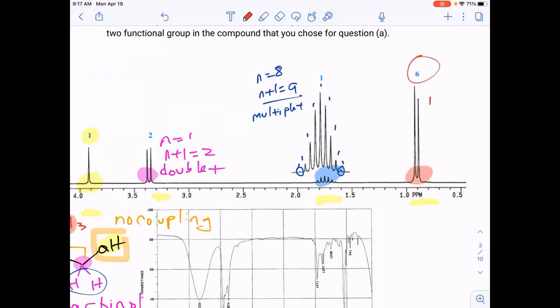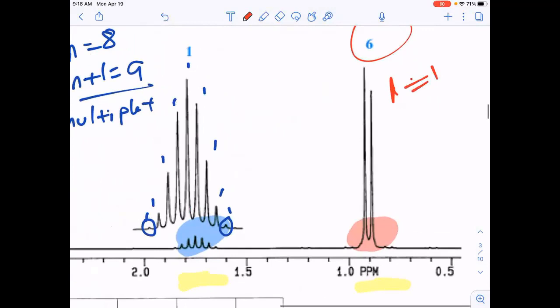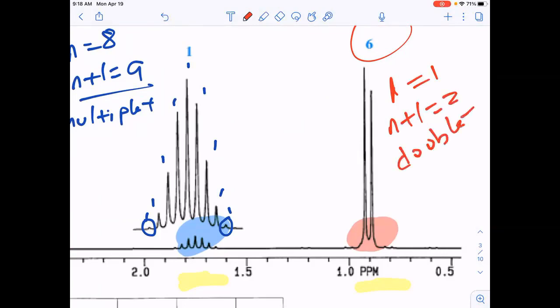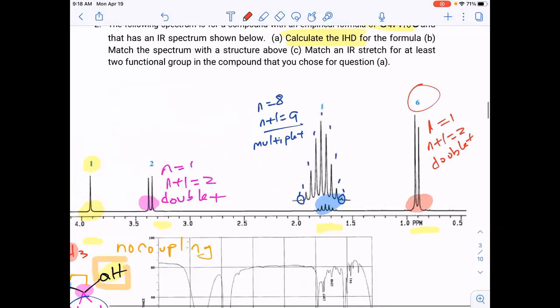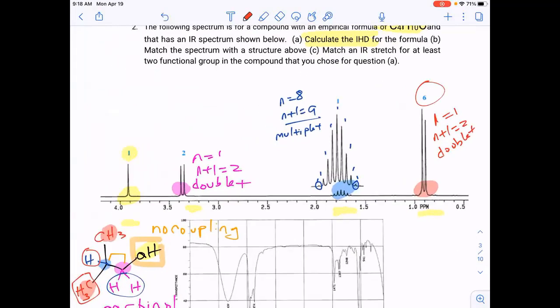So for this, N is 1. So N plus 1 is 2. It's going to be a doublet. And the reason it's showing up at 0.9 is because those are just regular alkyl protons, right?